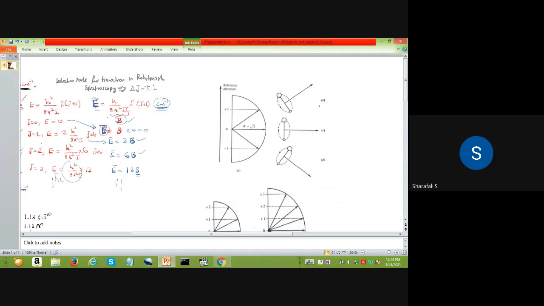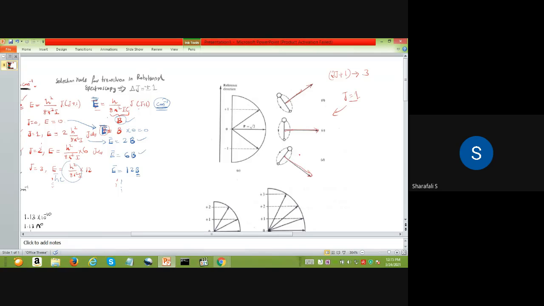When your j value is given, you will have this kind of degeneracy: 2j plus 1. So when j equal to 1, this will be equal to 3. So we have three different directions here. If you consider the rotations, correspondingly we have angular momentum in this direction, or in this direction, or in this direction.